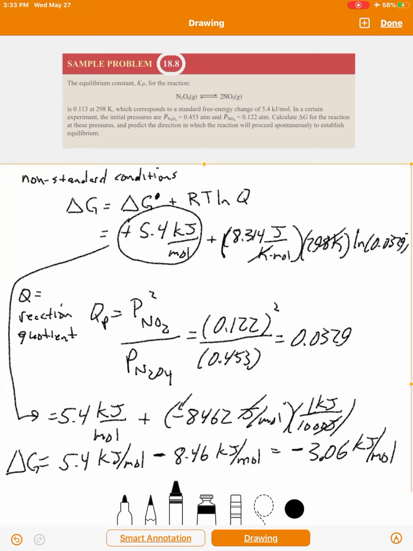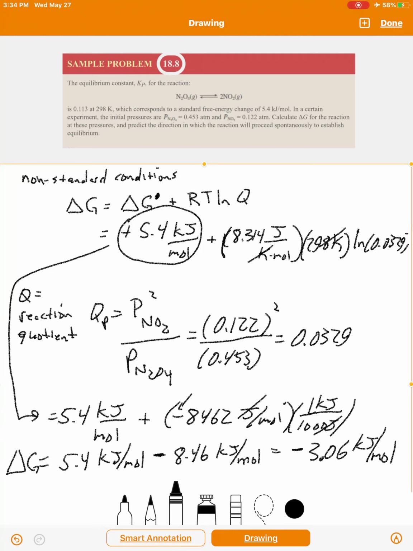That means that it's non-spontaneous under standard conditions. However, under these conditions, where the reaction quotient is less than 1, think about Le Chatelier's principle. What does Le Chatelier's principle say? It says that if Q is less than K, the reaction will move towards the products.